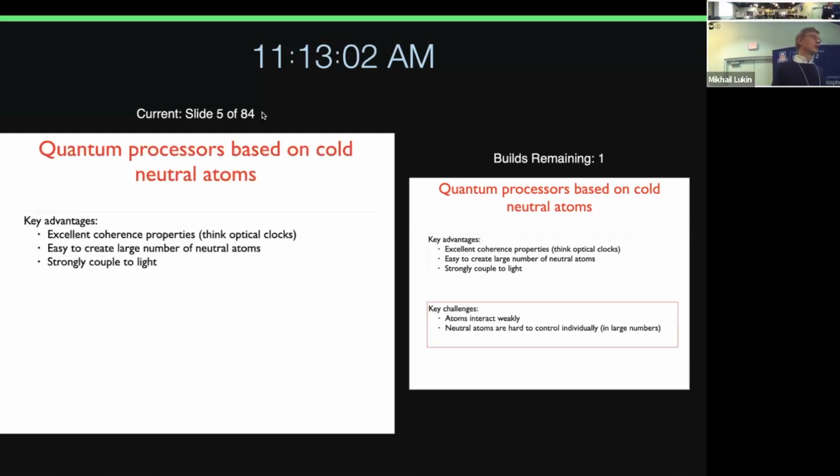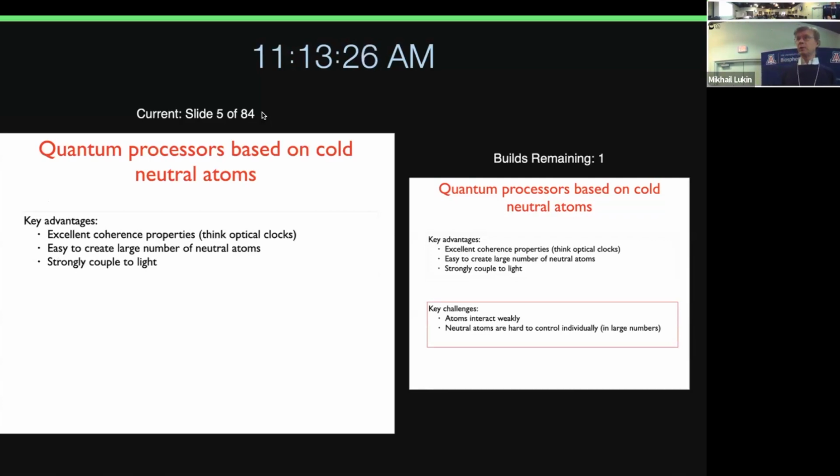Okay, so at least in the first part of the lecture, depending on how things develop, or maybe the entire lecture, I will talk about quantum processors based on cold neutral atoms. There are multiple reasons to consider them good qubit candidates. These systems have excellent coherence properties.